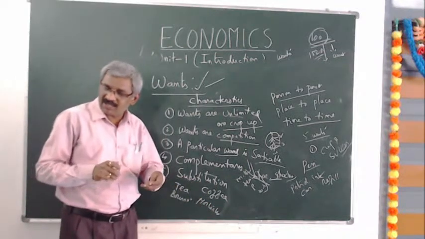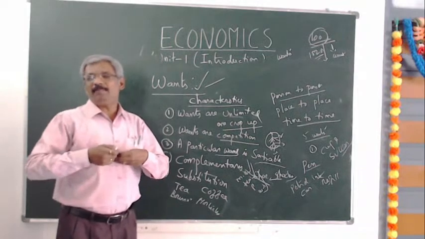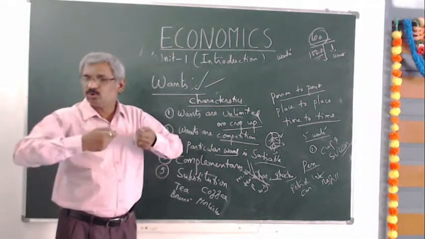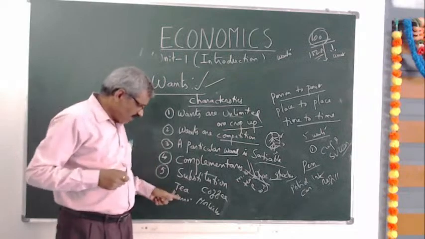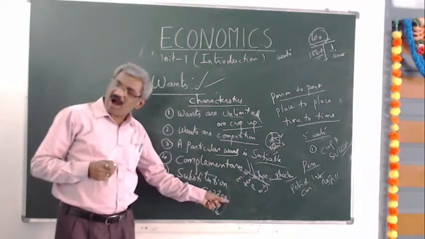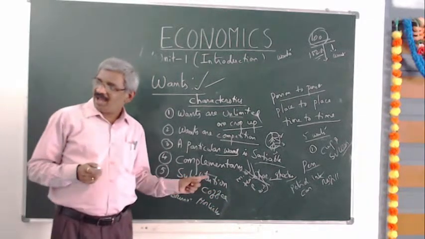Suppose a person is weak; they can gain strength by drinking Bournvita, Horlicks, Viva, milk, coffee or tea.